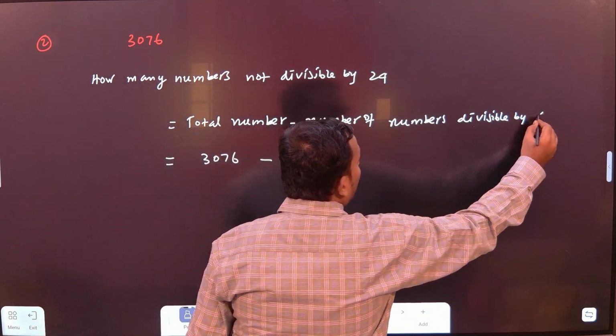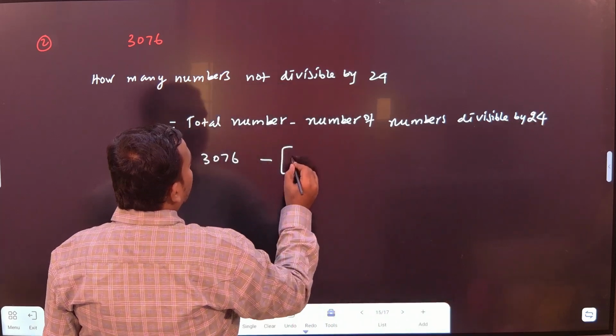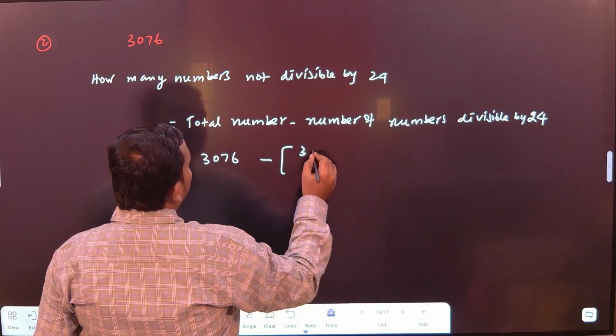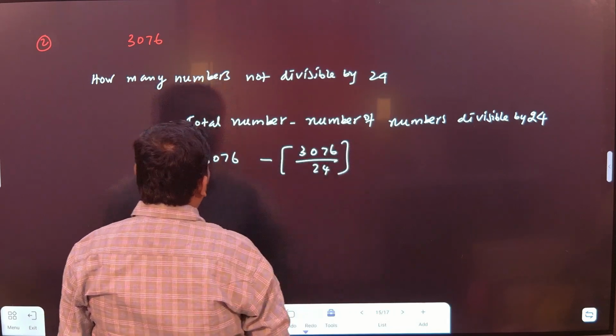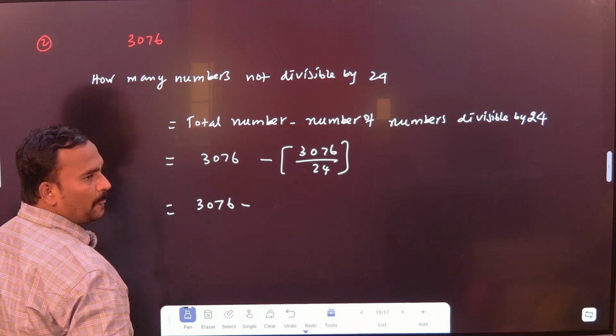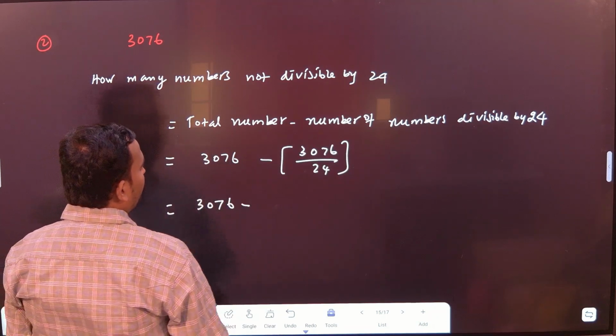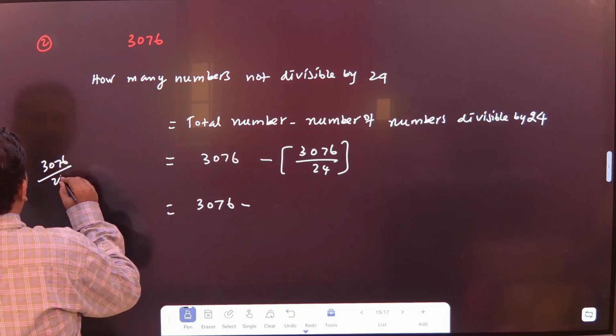Divisible by 24, sorry, 24. So the greatest integer function of the larger number is what? 3076 divided by 24. Calculate this.